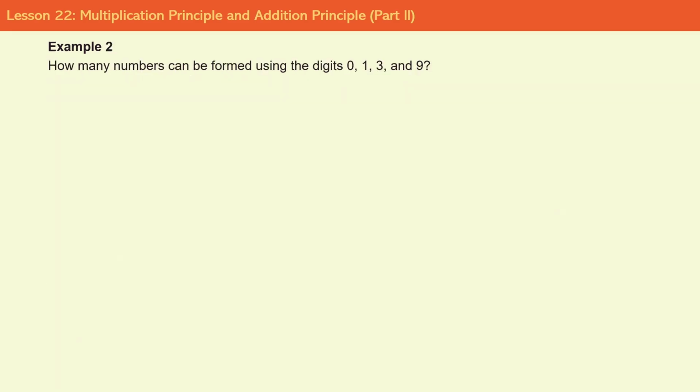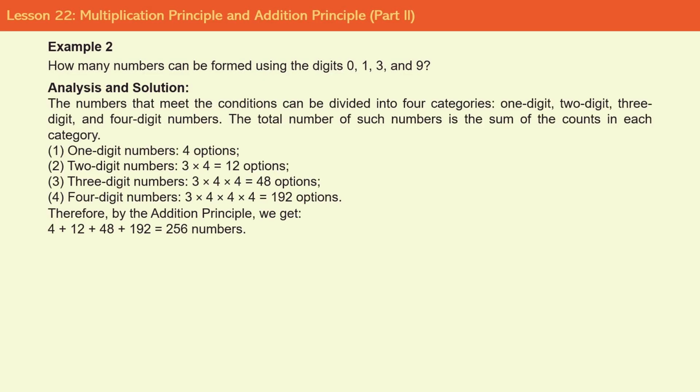Example 2. How many numbers can be formed using the digits 0, 1, 3, and 9? The numbers that meet the conditions can be divided into four categories: 1-digit, 2-digit, 3-digit, and 4-digit numbers.